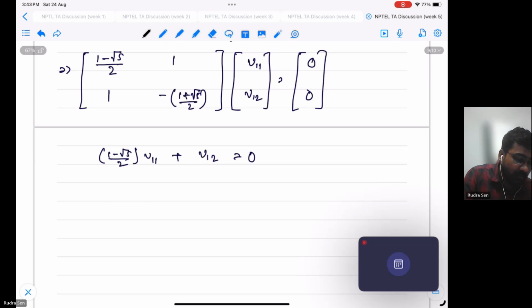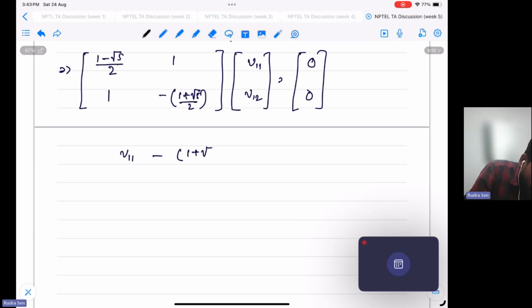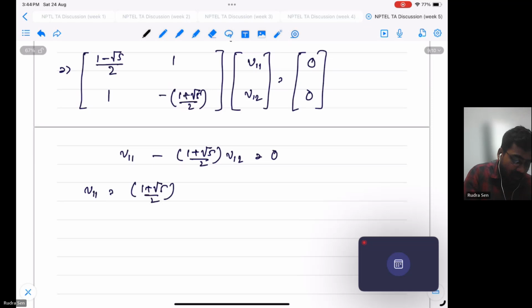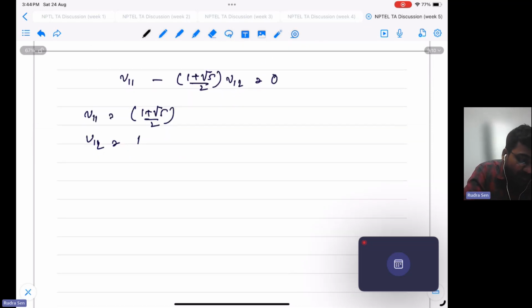Or let's say if I write down the second equation, it will be better. So v11 minus 1 plus v12 equals 0. Okay. So if we put v11 equals (1 plus root 5)/2 and v12 equals 1, definitely we can satisfy this equation.